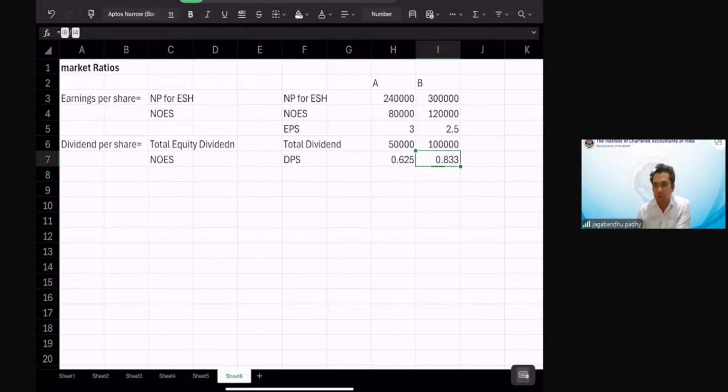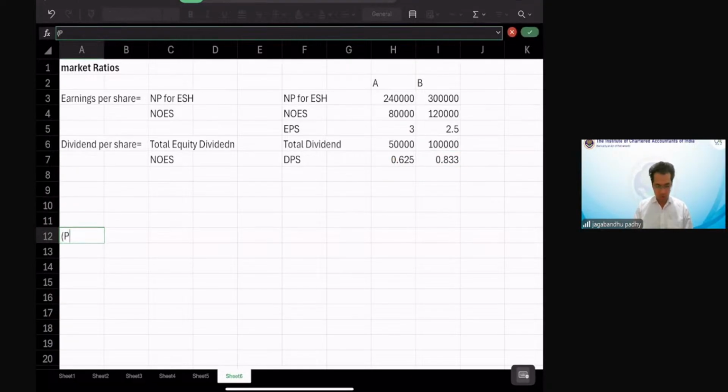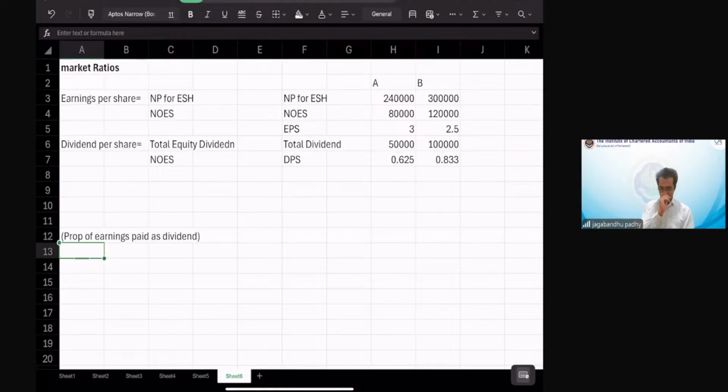Right? Now the company has earned 3 rupees, out of which it has paid 0.625. So I want to know what proportion of earnings is paid as dividend.